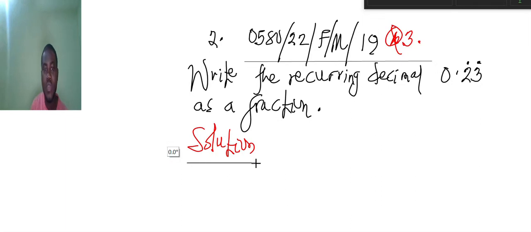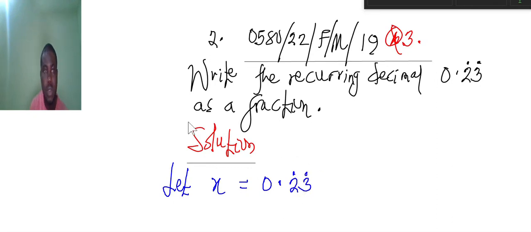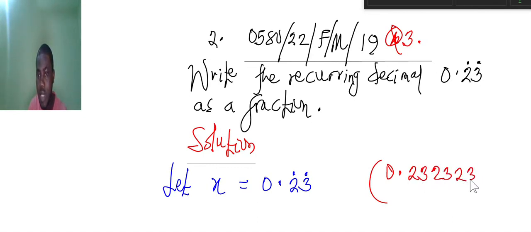First, we need to be very observant and notice the number of recurring digits. So first we say let x equal 0.23 dot, and I always advise we write it in full. 0.23, then another 23, 23, in that pattern. Basically it has no end.